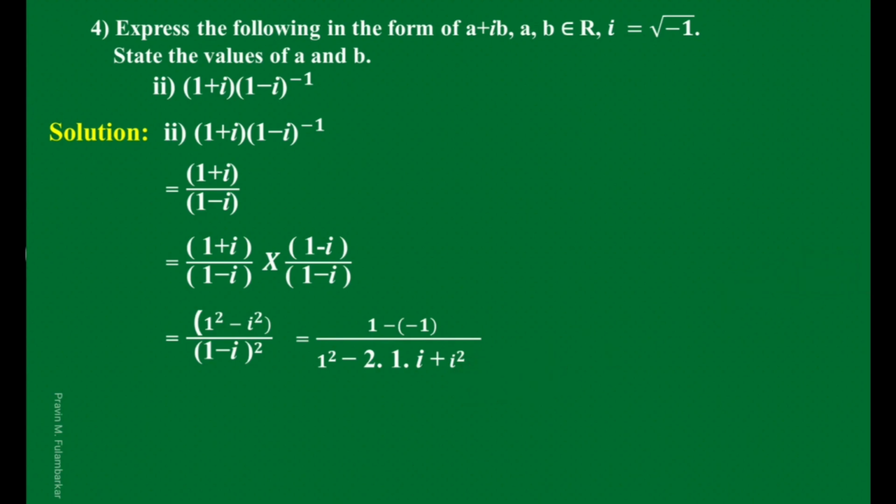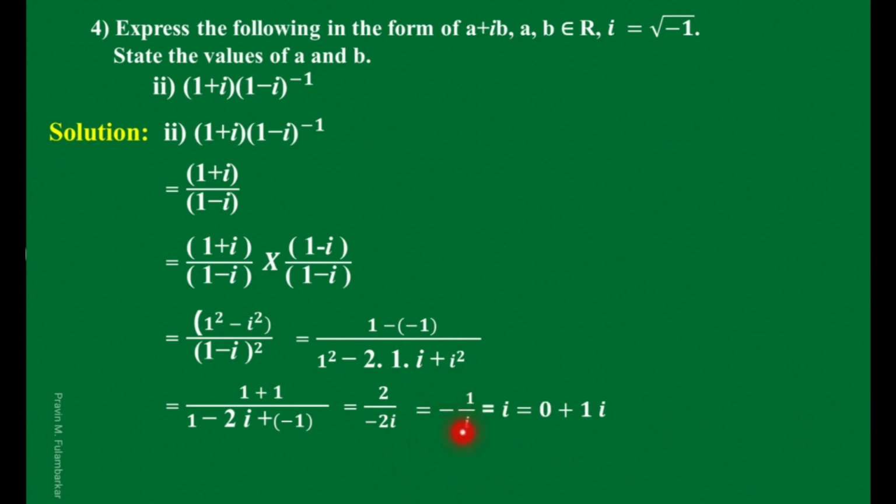So in the numerator we get minus minus plus 1, so we write 1 plus 1. In the denominator we replace this i square by -1, so plus minus minus 1, this -1 and +1 cancel. In the numerator 1 plus 1 we get 2. So we write in the numerator 2, and in the denominator +1 -1 cancel and this -2i. Now this 2 cancels, so we get -1 upon i.